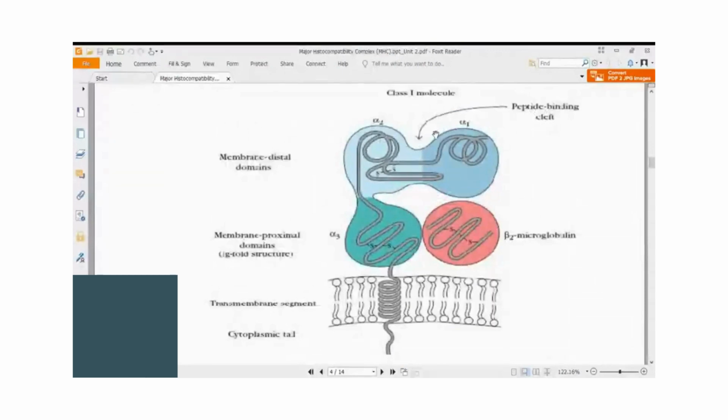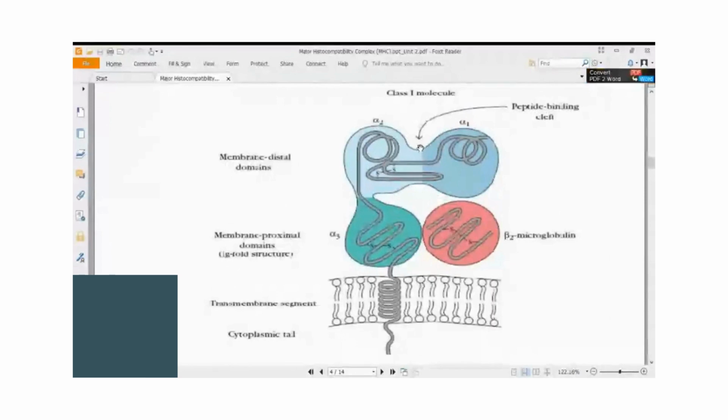On the top, where alpha 1 and alpha 2 domains form a platform, there is a cleft or a groove, that is the antigen binding groove. There the self antigens are presented. The self antigen belonging to a cell is presented there.